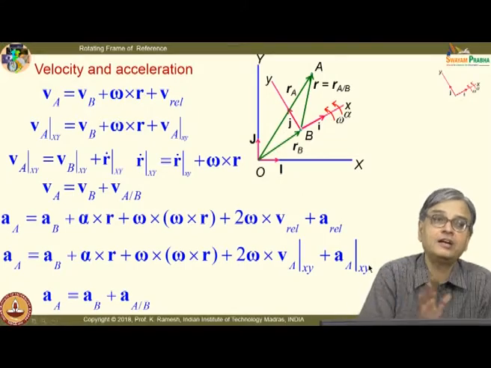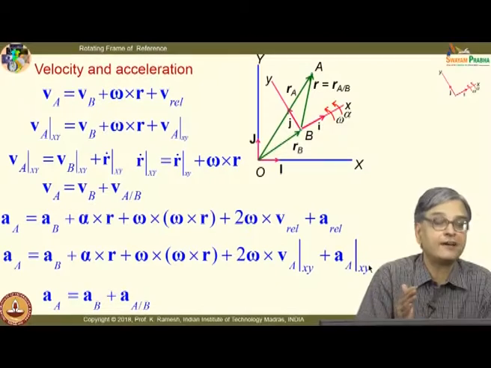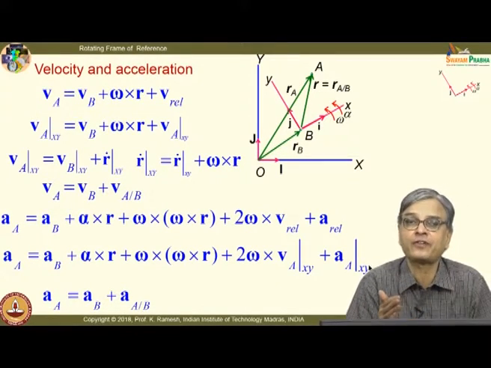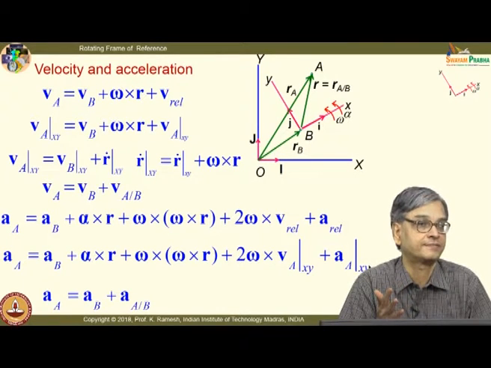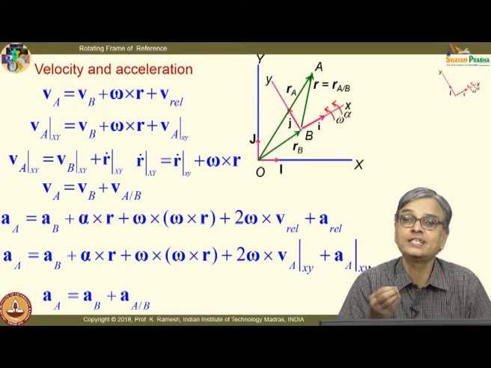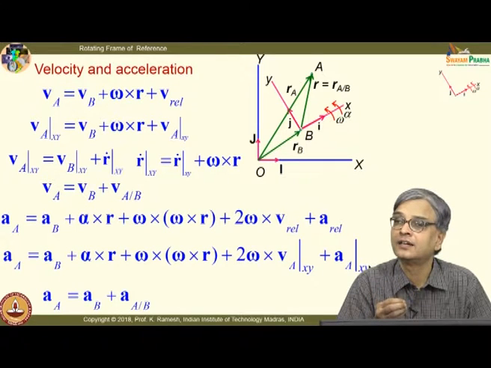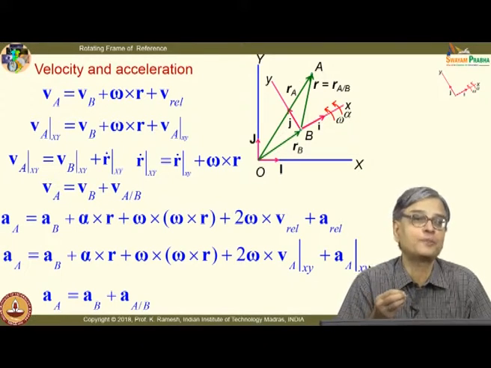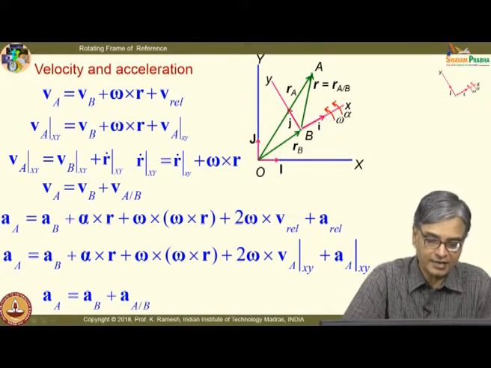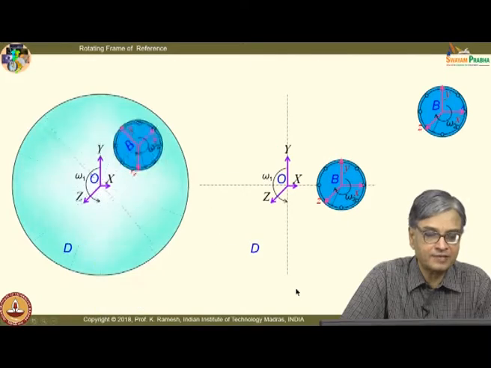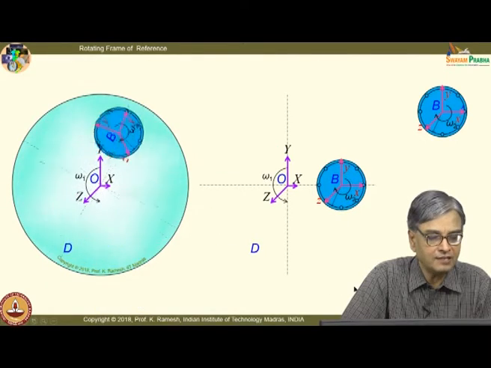So, what we have learnt is our ultimate objective is to get the absolute acceleration and absolute velocity, and we use the rotating frame of reference as an intermediary to do all the computations. It actually simplifies your analysis of a physical problem. Okay. And let us look at the problems that we saw in the last class.